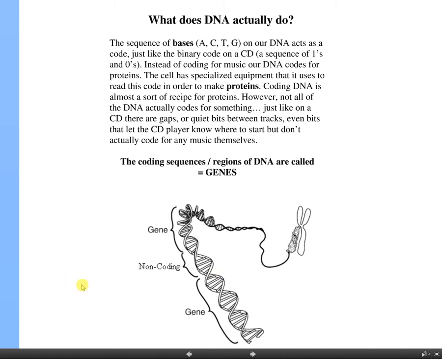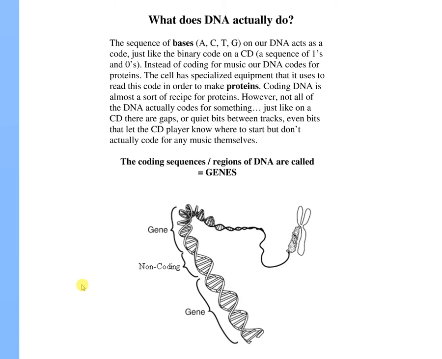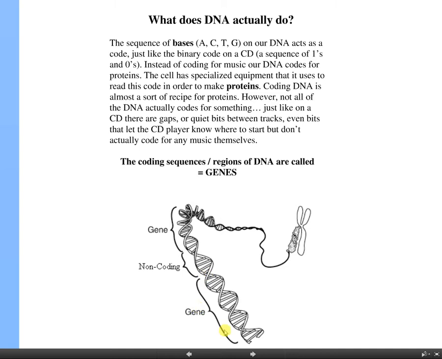These are often referred to as junk DNA. However, it's worth noting that even though it doesn't code for protein, it may still have other functions. There are some sequences that regulate the expression of genes, or act as a little flag, a sequence that indicates, hey, there's a gene here next to it.